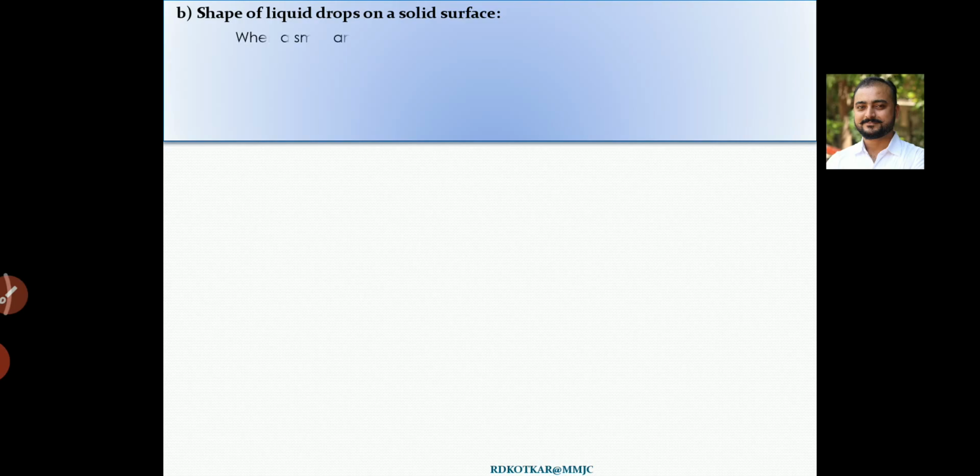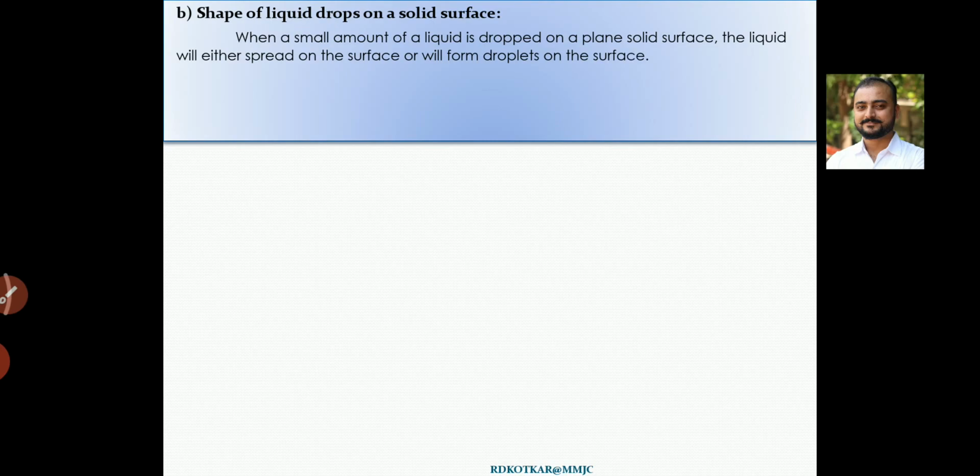That is what we have to discuss. It is given that when a small amount of liquid is dropped on a plain solid surface, the liquid will either spread on the surface or will form a droplet on the surface.